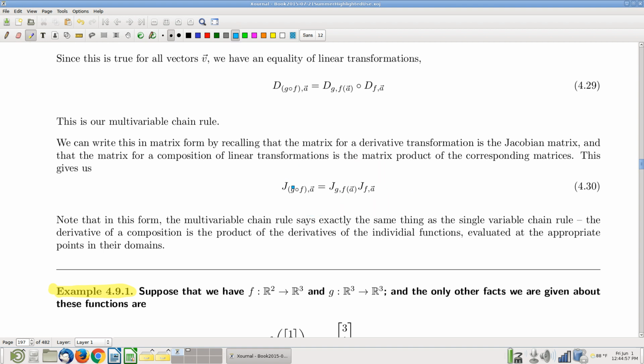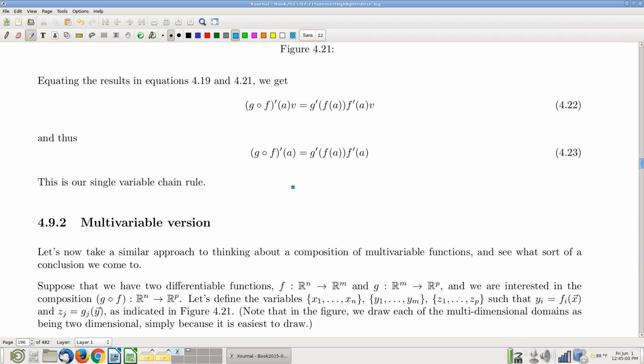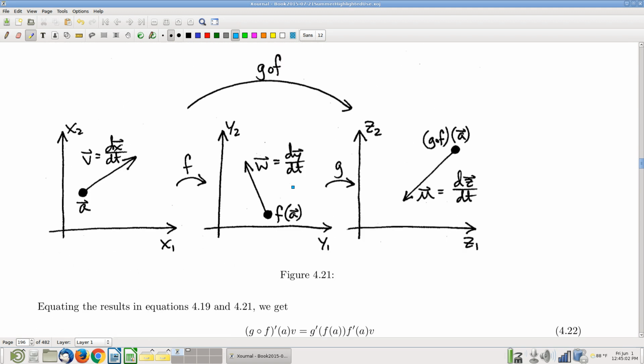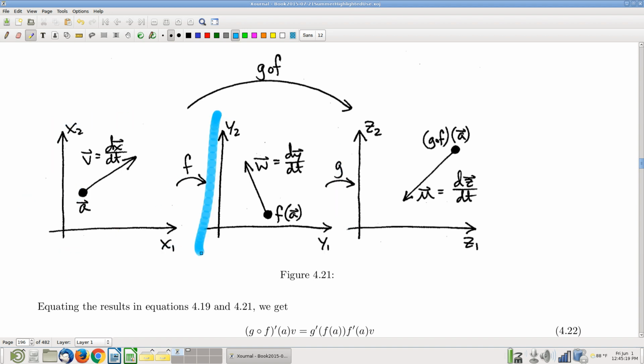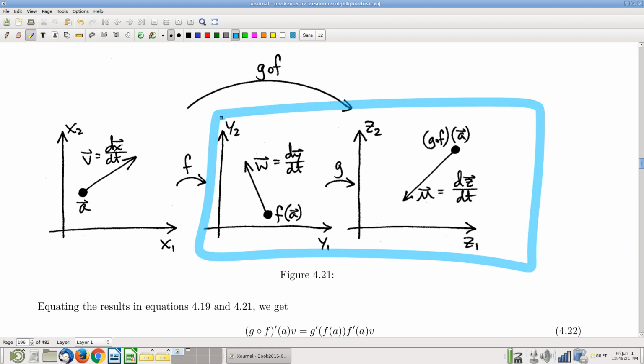Okay, what's evaluated where? Let's go back to the picture. Same deal. The composition is being evaluated at the point A, so the Jacobian of the composition has to be evaluated at the point A. F is evaluated at the point A, so the Jacobian of F is evaluated at the point A. G is not being evaluated at A. G's never heard of A. Right?